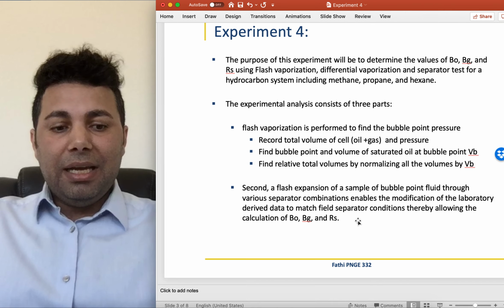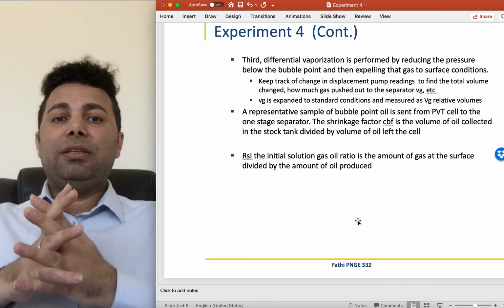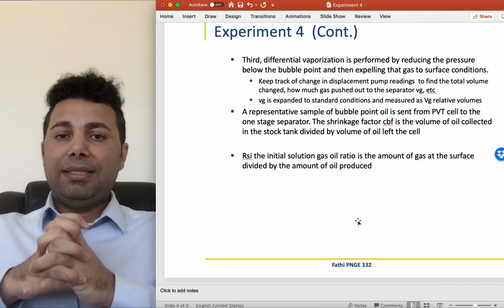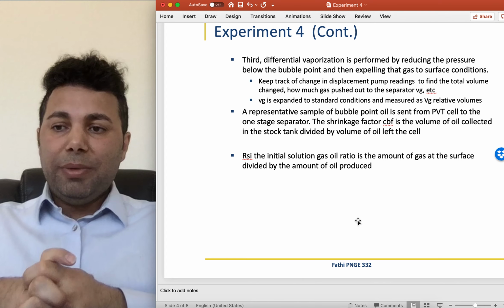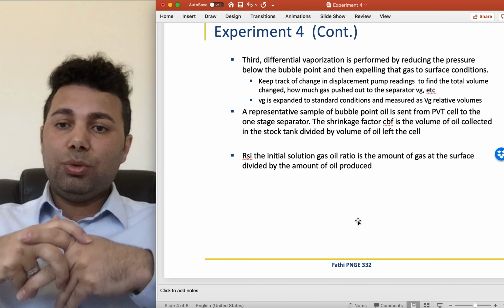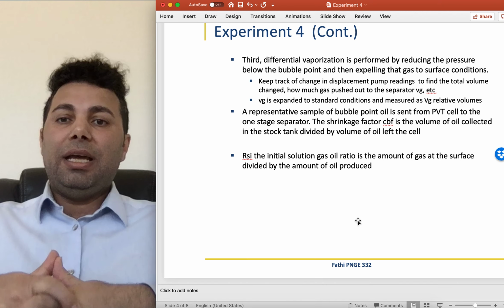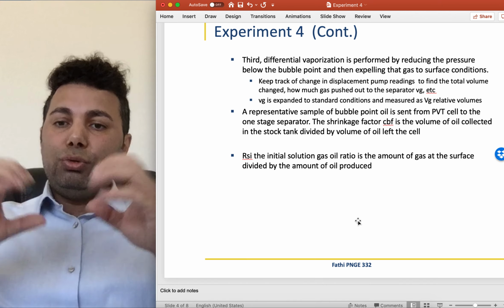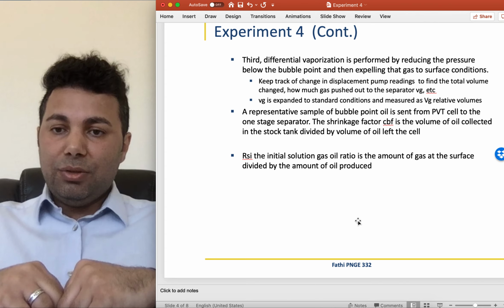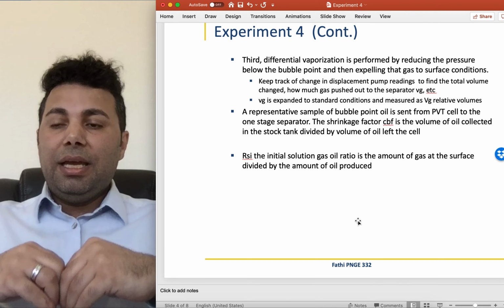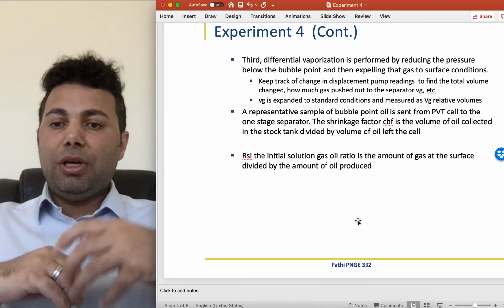After that, we are going to perform the differential vaporization test, or gas expansion test. In the gas expansion test, again, we start from the case that we have a bubble point pressure at the reservoir. This time, we are going to drop the pressure in the reservoir, or in the cell. As we drop the pressure, some gas will come out of the oil.